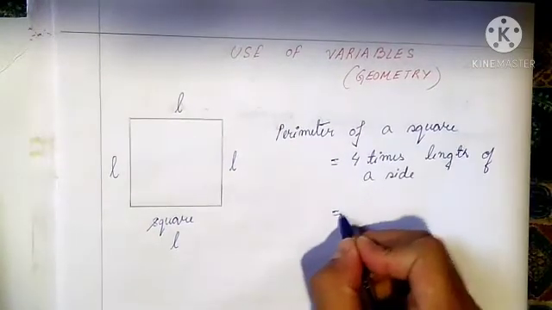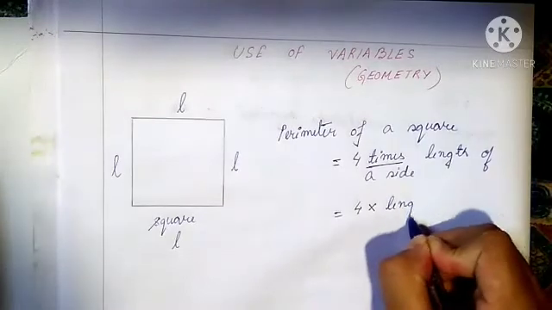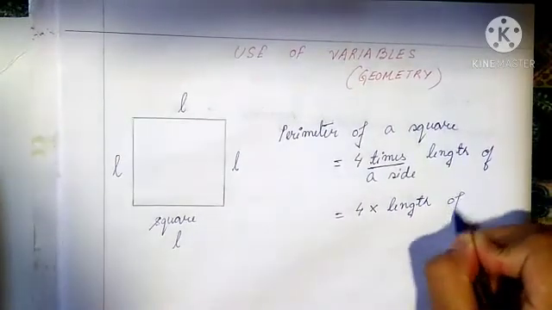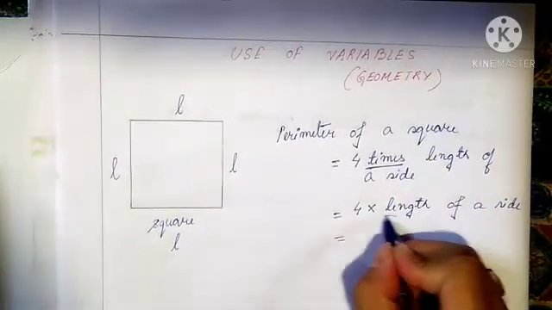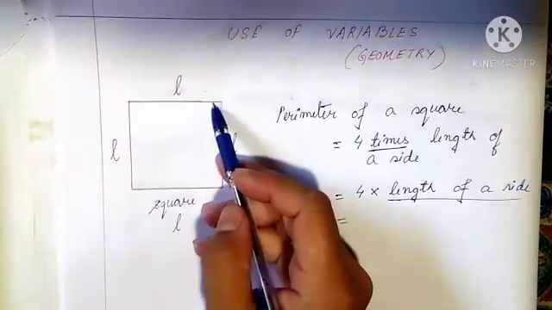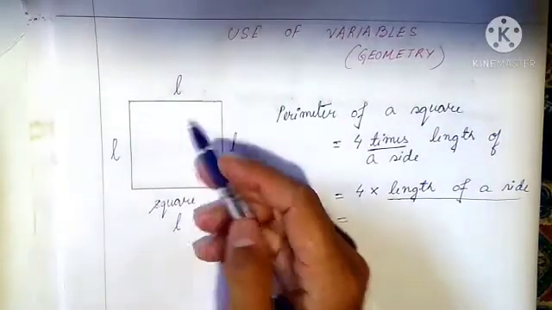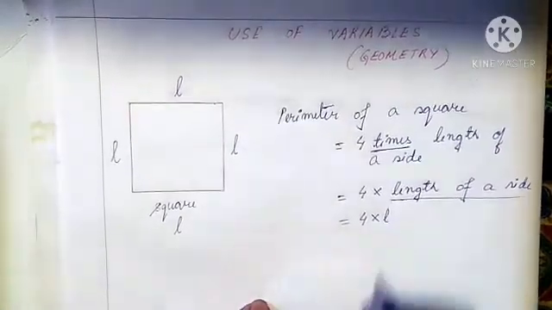And we all know that times means into. So 4 into the length of a side. And what is the length of a side? The length of this side is taken to be the variable L. So instead of writing the length of a side, we can write 4 into L.